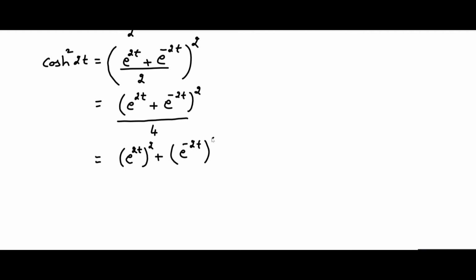So a square plus b square plus 2 times of ab, so 2 times of e power of 2t into e power of minus of 2t. So I just expanded it in the form of a plus b whole square, which is a square plus b square plus 2ab. It is whole divided by the denominator 4 as it is.